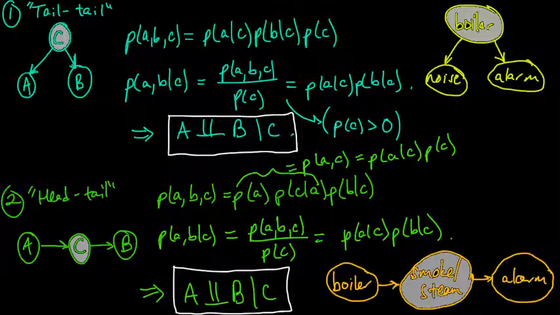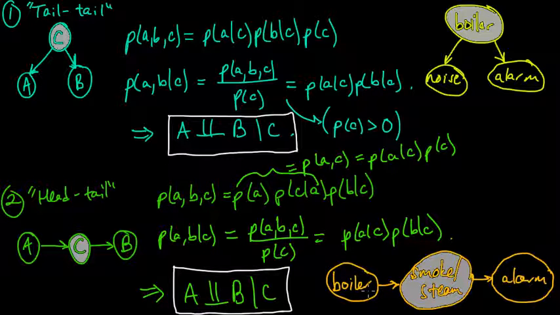Then what happens? Are these conditionally independent given that we know that there's smoke or steam? Say I see a bunch of smoke in the building somewhere. Then I might think, okay, it's probably the boiler going haywire again.